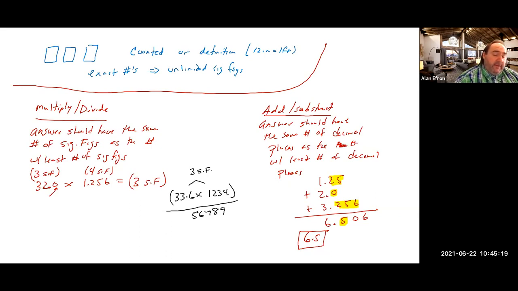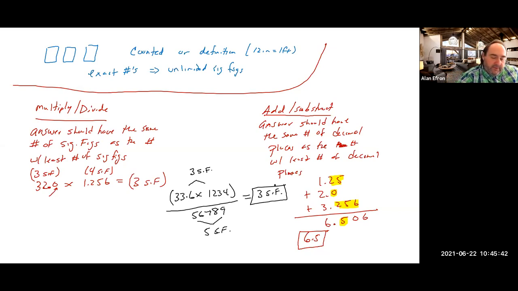Then technically speaking, we're taking 3 significant figures on top and dividing it by 5 significant figures on the bottom. Again, here, since we are dividing, we're looking for sig figs and the smallest number of sig figs, which means our answer should end up with 3 significant figures when it's all said and done, whatever that number may be.